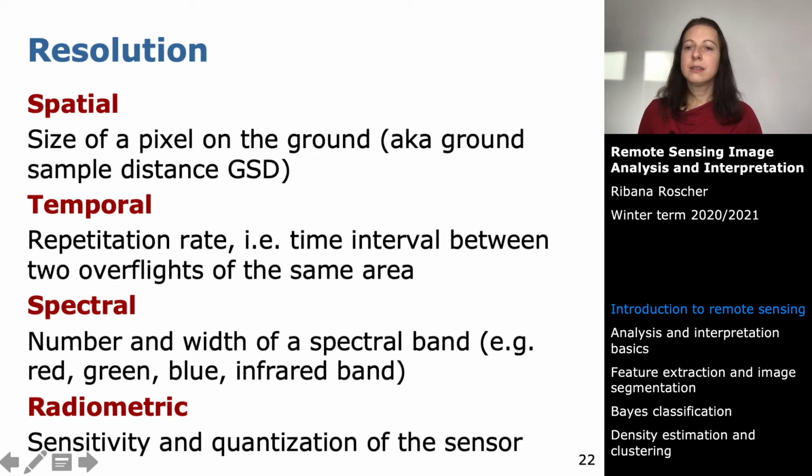Spectral resolution is the number and the width of the spectral bands. For example, optical images from your smartphone or a camera have a red, green and blue band acquired from the sensor. But in remote sensing there's a lot more, and you can do a lot more with the whole range of sensors. Radiometric resolution means the sensitivity and the quantization of the sensor. I will go through them and show a few more details.